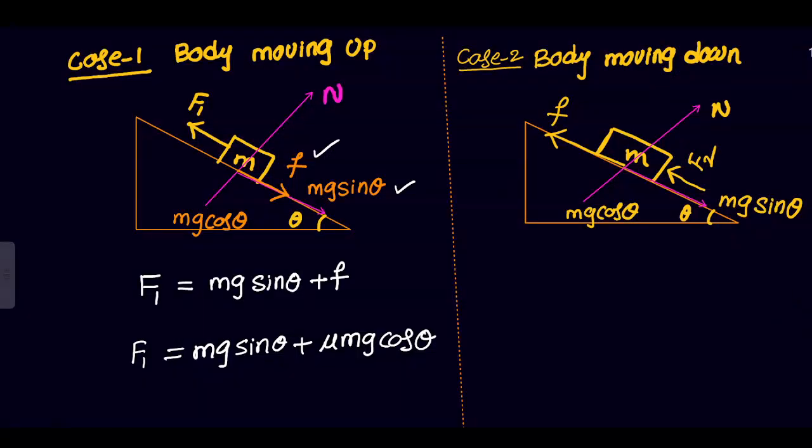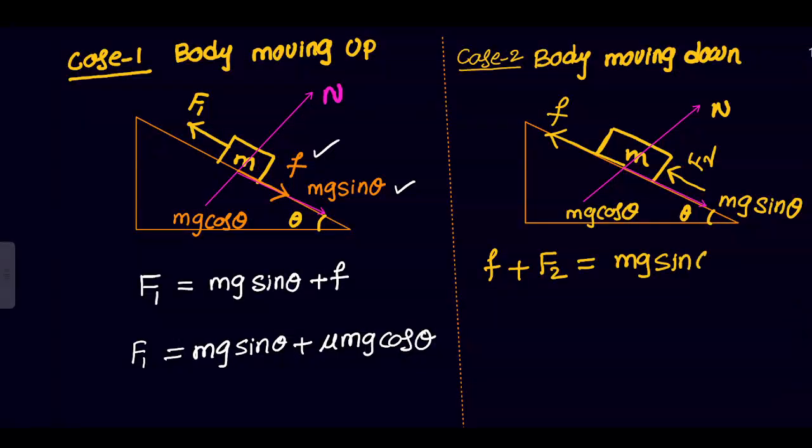Right. You tell me now. For the body not to slide down, what should happen? Upward force and downward force have to be balanced. That means the upward forces, F plus this F2, should be equal to the downward force, that is mg sin theta.